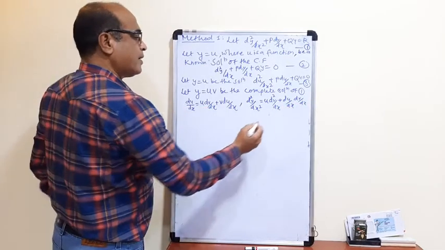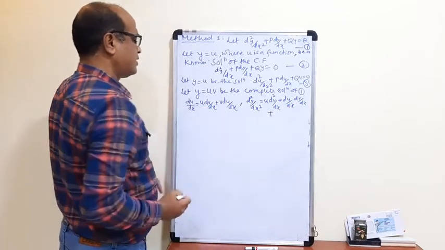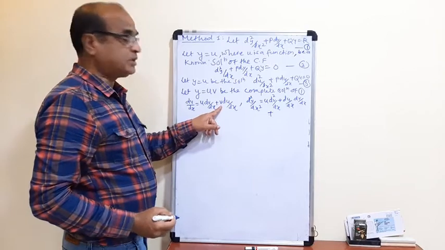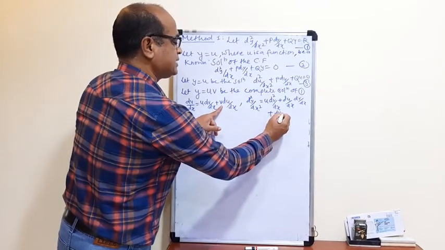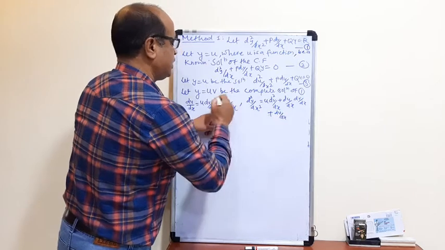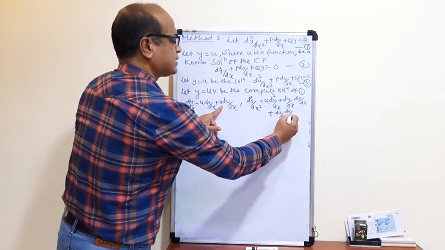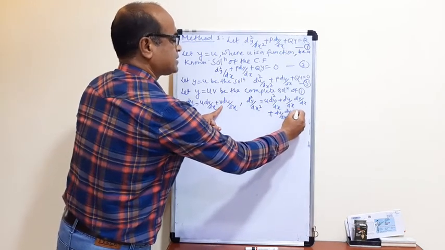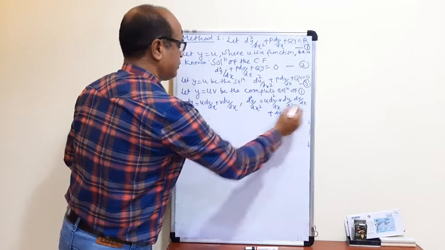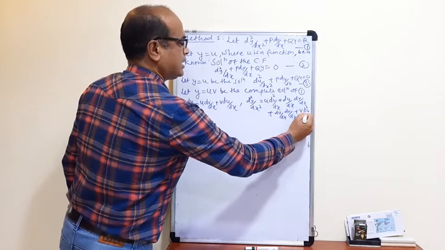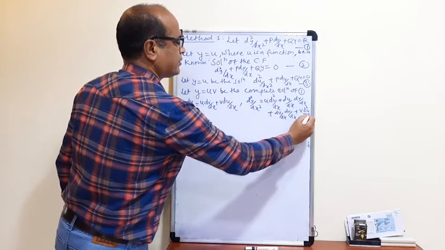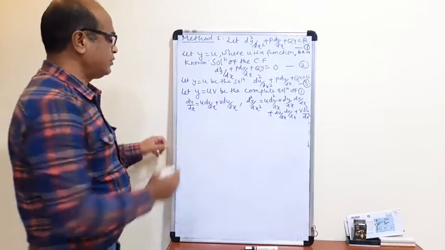Plus derivative of v, du by dx as it is, times dv by dx, plus v as it is, by product rule, so d2u by dx square.